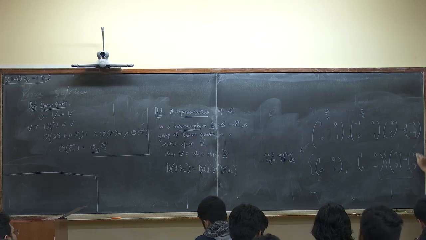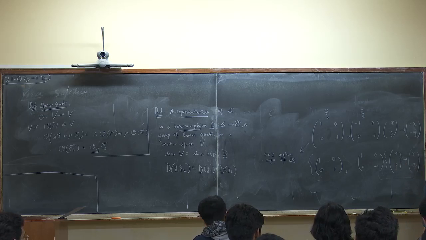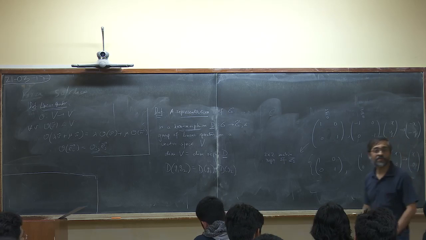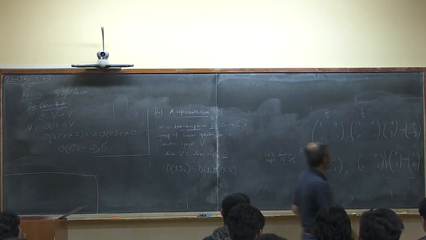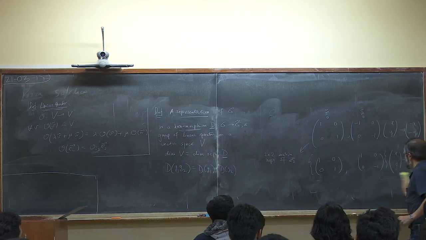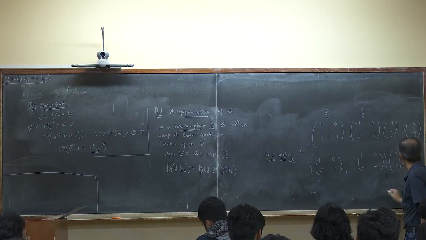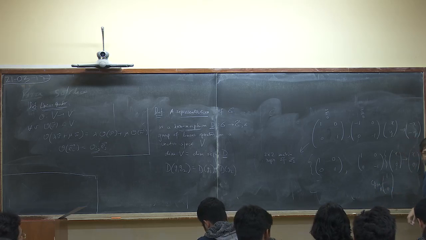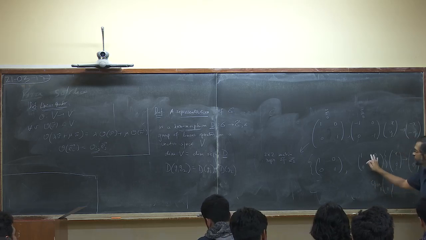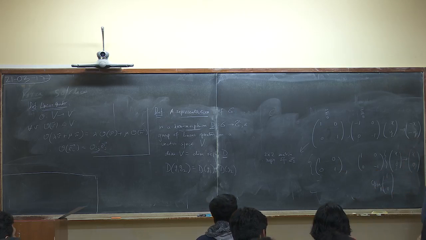X comma minus 1. Therefore, if you take y to 0, this is an invariant subspace. Okay? So this is an example of what is called a reducible representation. So here it acts on different, so the subspace which is spanned by 1, 0, namely the scalar multiples of 1, 0, are invariant under the entire representation group elements.